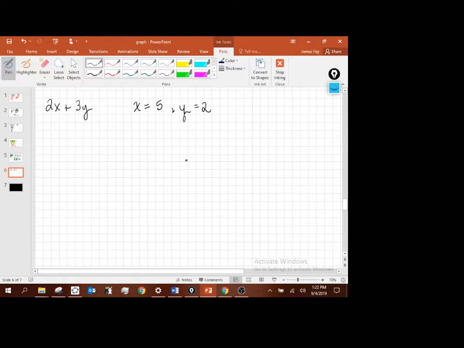Nothing else changes. So, yes. 2, and then put in parentheses 5, and then plus 3, and put in parentheses 8. Good. So that's all that is, right? We took x and replaced it with what it was equal to. Took out y, replaced it with what it's equal to, right?